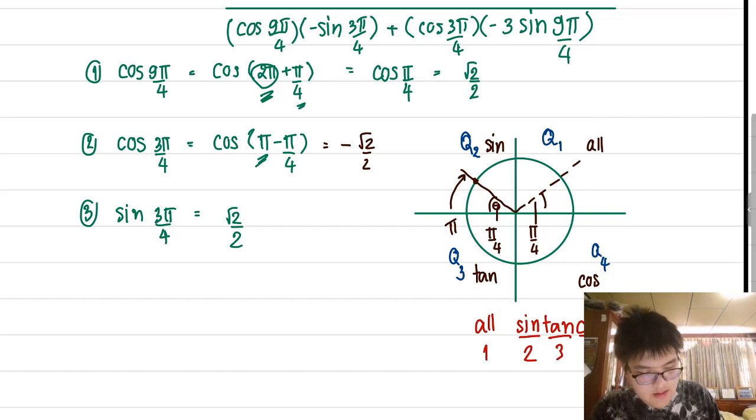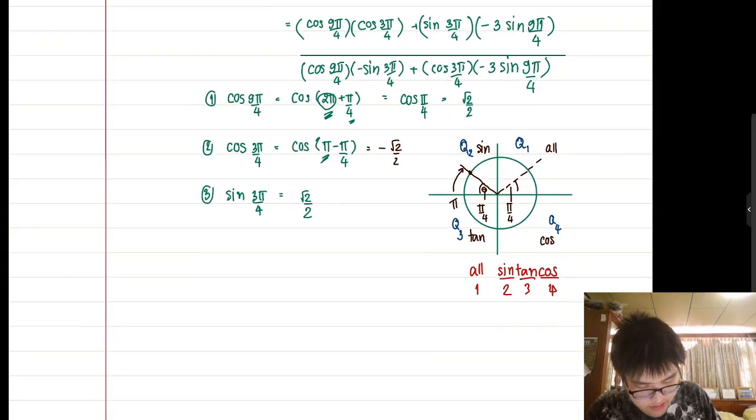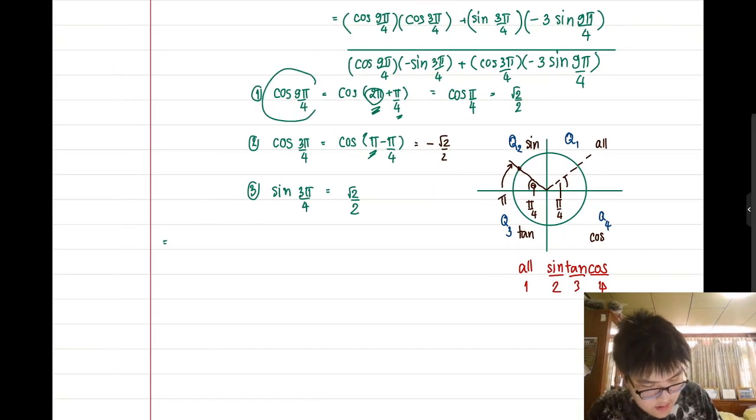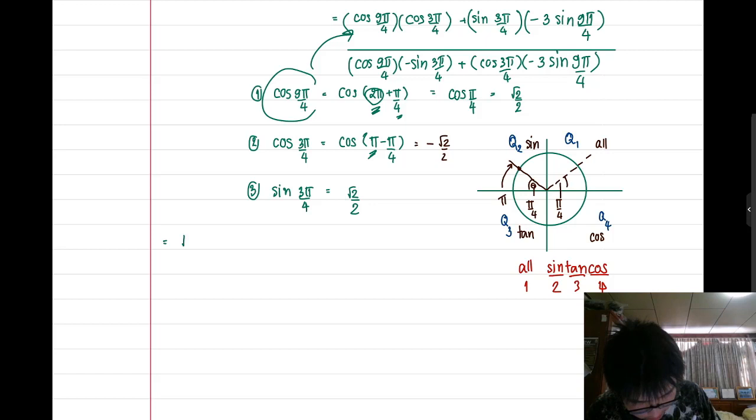How to do next? It's very easy. You plug the values into this expression. This one is cosine of 9 pi over 4, which gives square root 2 over 2.